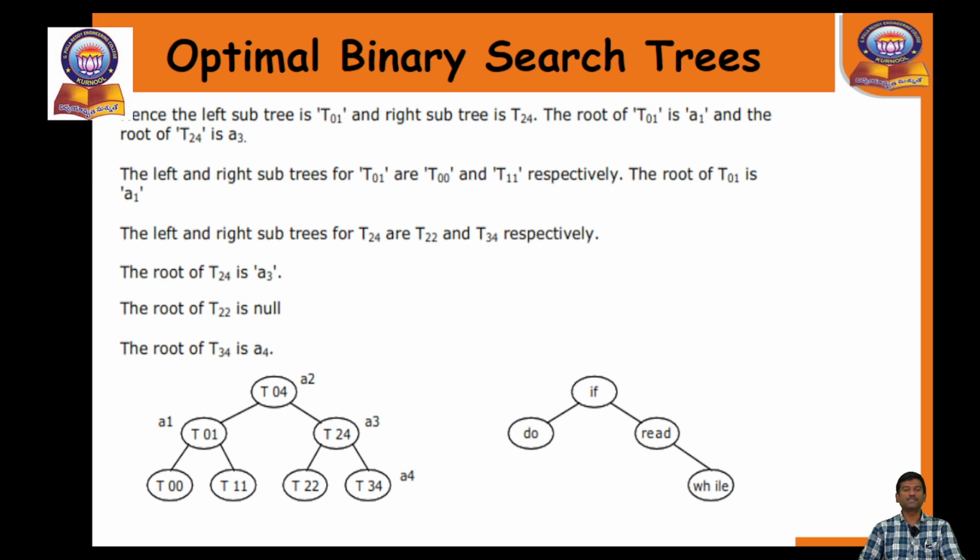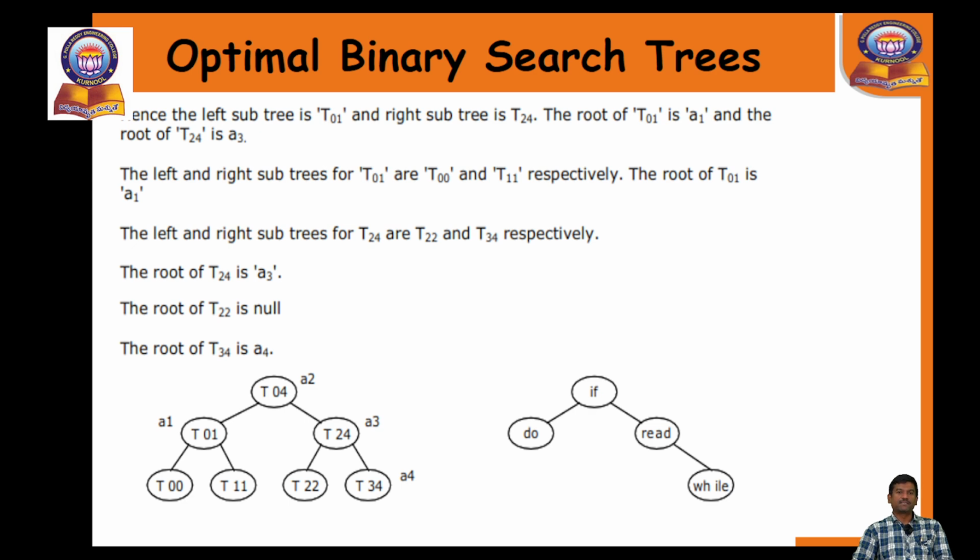So if you arrange according to this order, T04 contains A2, that is the second key which is provided in K. Hence the left subtree is T01 and the right subtree is T24. The root of T01 is A1 and the root of T24 is A3.